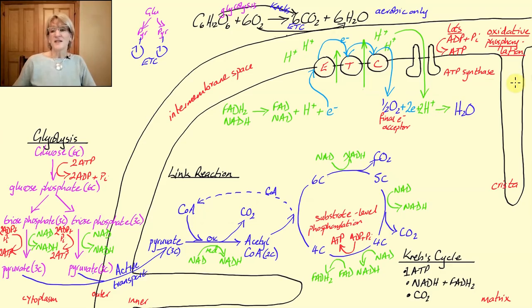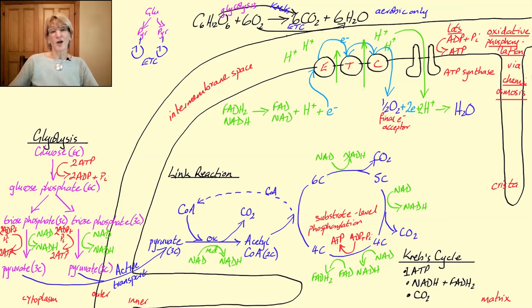And as a final bit of detail, the oxidative phosphorylation that is happening here, the production of ATP, occurs as a result of a process called chemiosmosis. Chemiosmosis is this buildup of hydrogen ions in the intermembrane space and them being channeled through the ATP synthase.